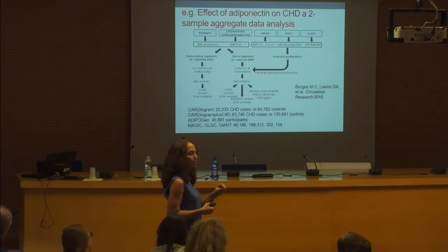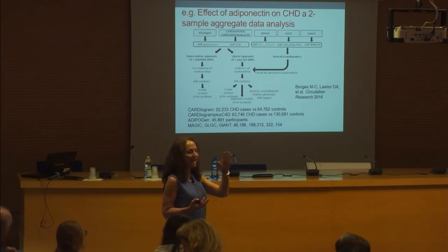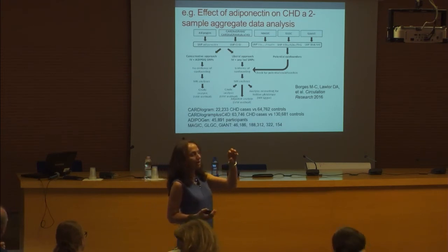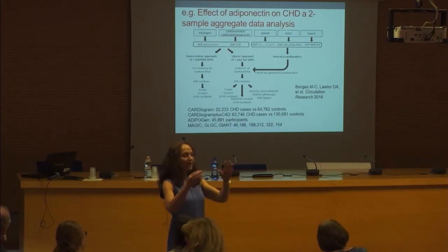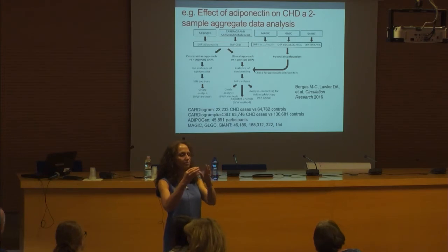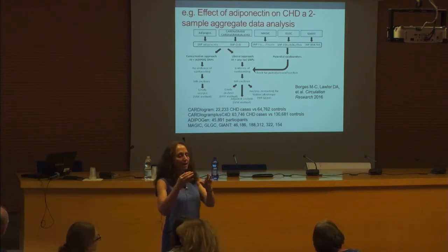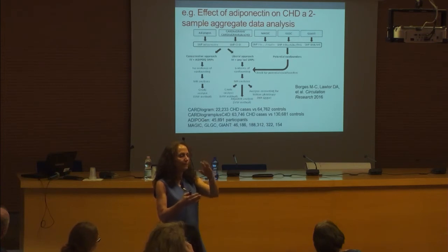So it's possible that they would violate either the second or third assumption. It's possible that glucose and lipids and body mass index, which was the other one, are confounders for the observational association between adiponectin and coronary heart disease. And if the genetic variants relate to those confounders, then you're violating assumption 2.